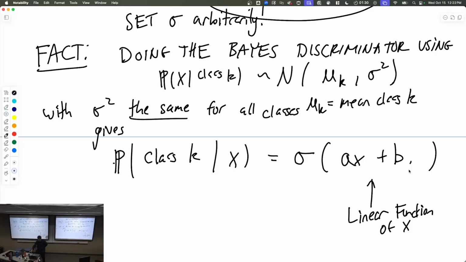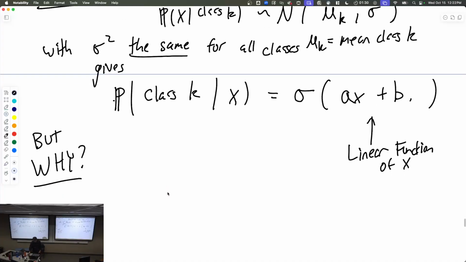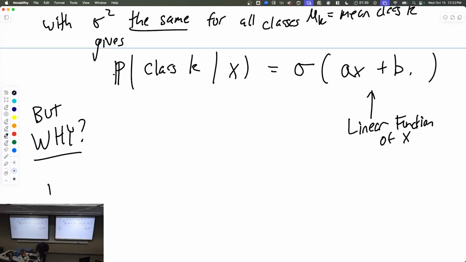Let's see why this is true. So we're going to just do a little bit of an unpackaging of why. But why? Why is it like this? Well, remember the formula for the class. I'm going to do this simple case. Let's assume all classes are equally likely.